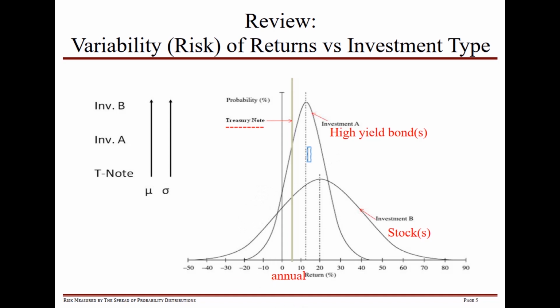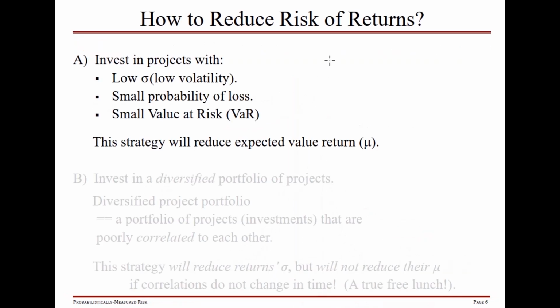So let's formalize this a little bit on the next slide and think about how we could reduce our risk of returns. Well, on the last slide, the approach was to say, well, if we really want to decrease our risk here, we want to decrease the standard deviation of returns. Or again, looking at that left tail of the distribution, we could say we want a small probability of loss, or again, looking at the left tail, a small value at risk.